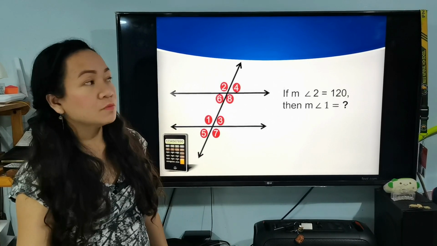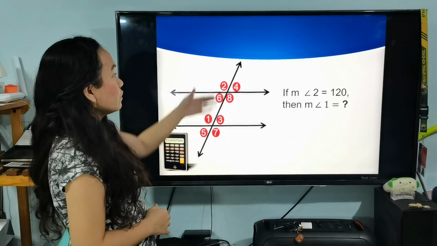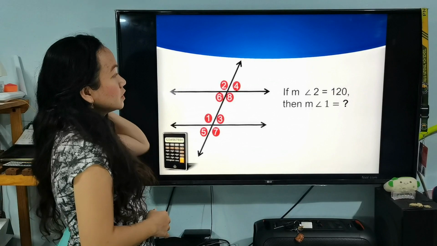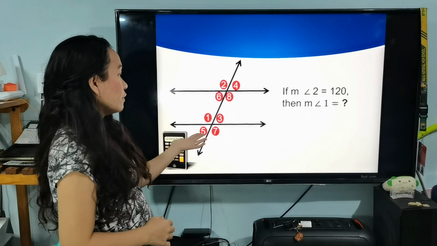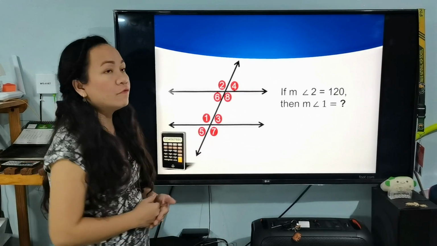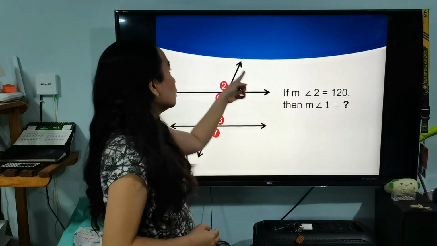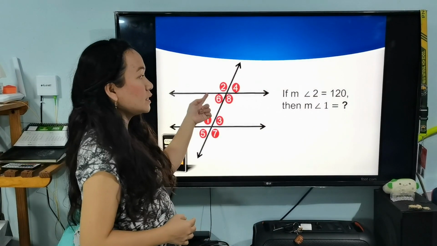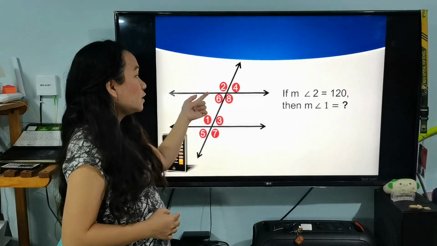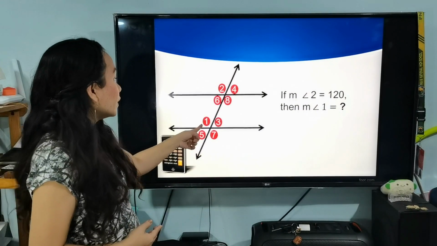Okay, suppose we are given this figure and we have here the angles 2, 4, 6, 8, 1, 3, 5, and 7. If we are given this question, if the measure of angle 2 is equal to 120 degrees, then the question is, what is the measure of angle 1?